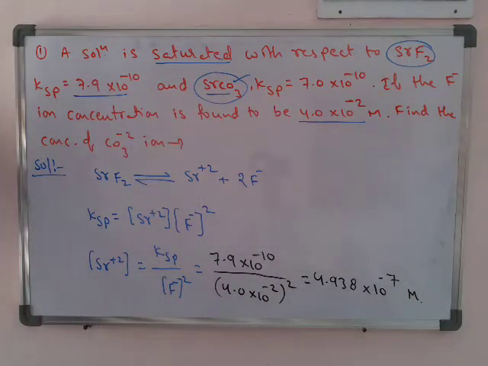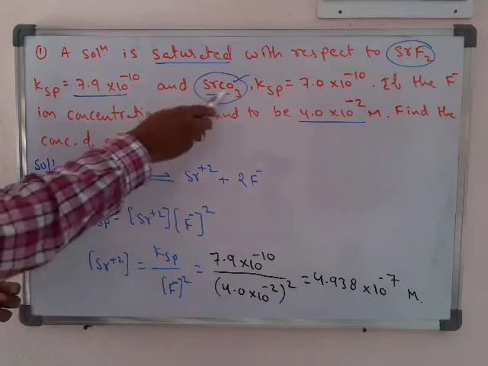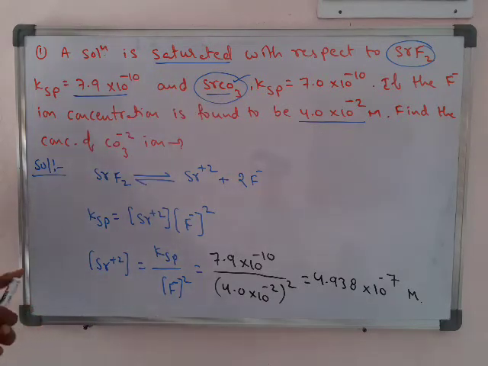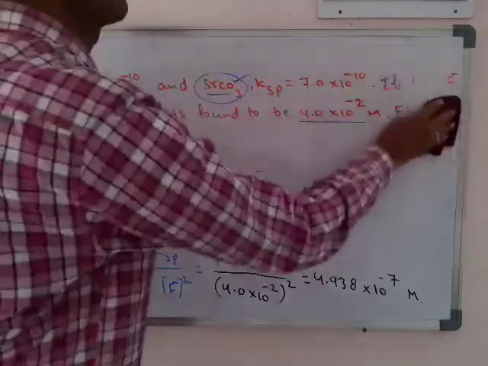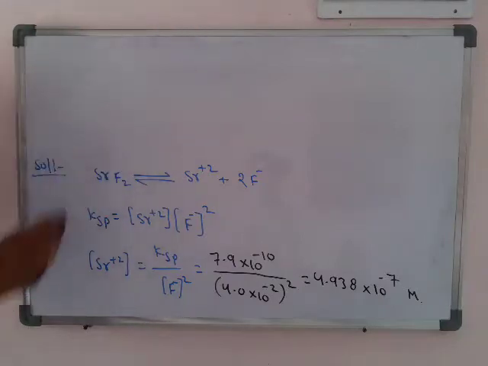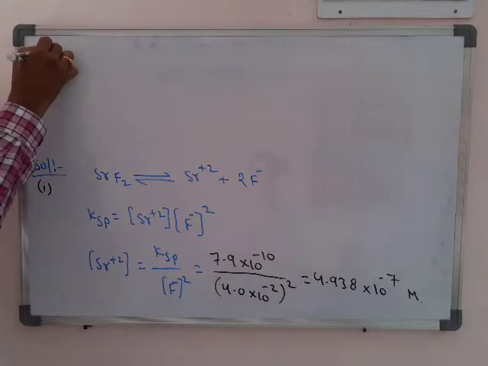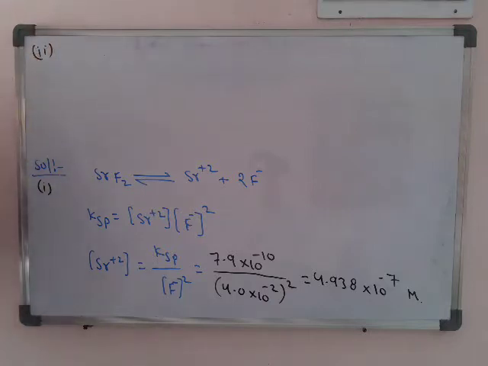Already we know this Sr plus 2 is also present in SrCO3. Now with the help of the Sr plus 2 concentration we calculate CO3 minus 2. Let's take this as case 1. Now take case 2, step 2.